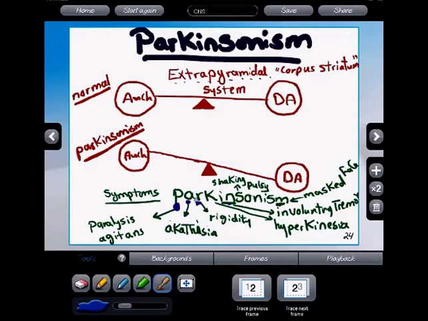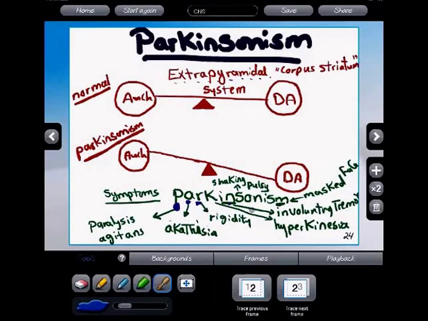R is rigidity. IN is involuntary tremors. K is hyperkinesia, or high kinesia. S is for shaking palsy. And M is for masked face.